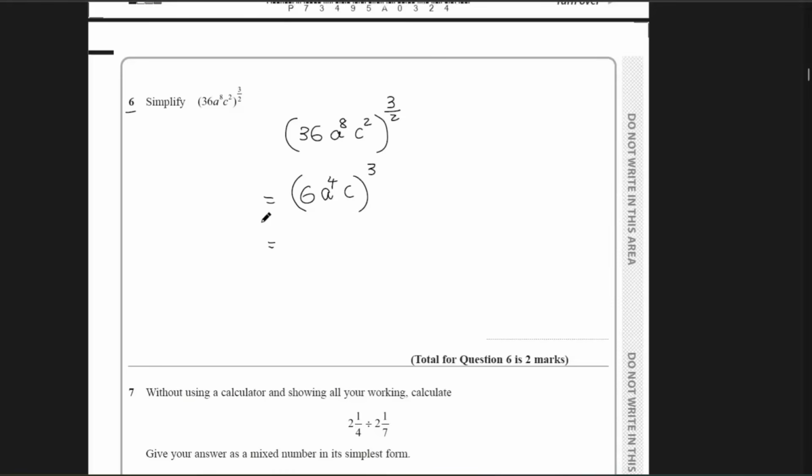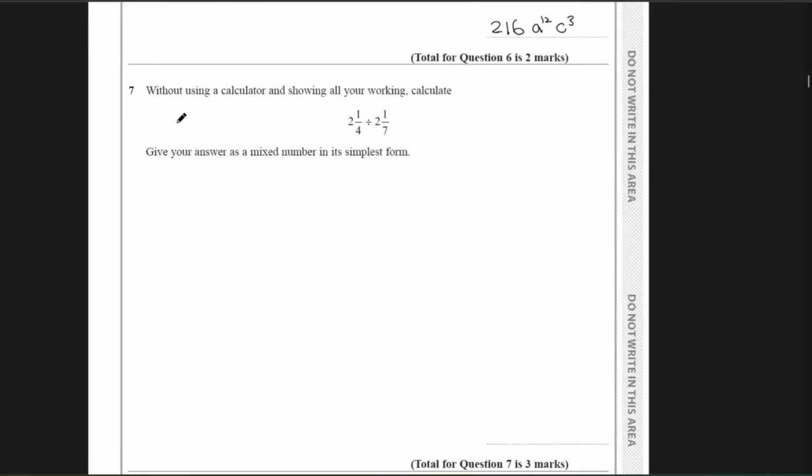So 6 to the power 3, we can use a calculator, is 216. A to the power 4 to the power 3 is a to the power 4 times 3, and c to the power 3. So finally, this becomes 216, a to the power 12, c to the power 3. And that's the final answer.